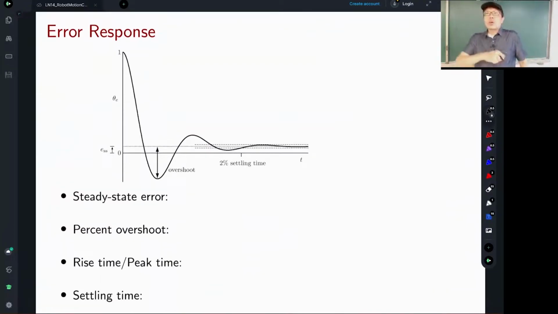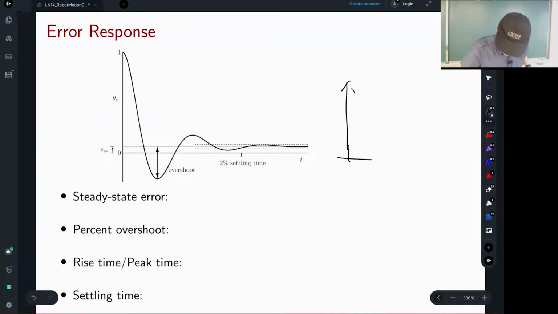When you design a controller, the thing you care about is the performance index. If you look at the step response, you will have this kind of step response, right? That's maybe your theta d or qd. This is your theta.